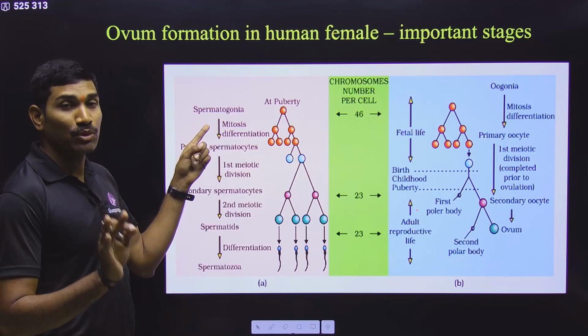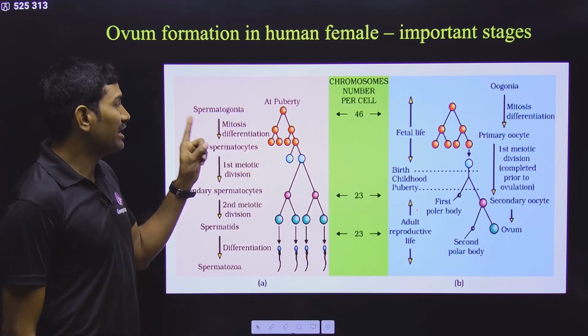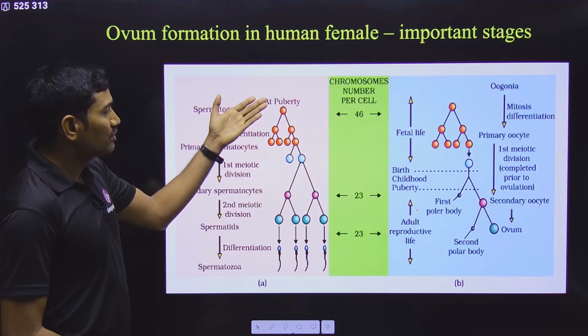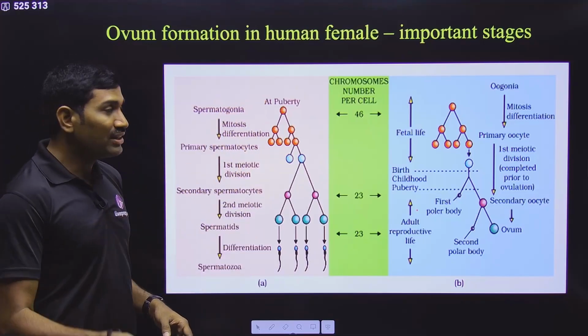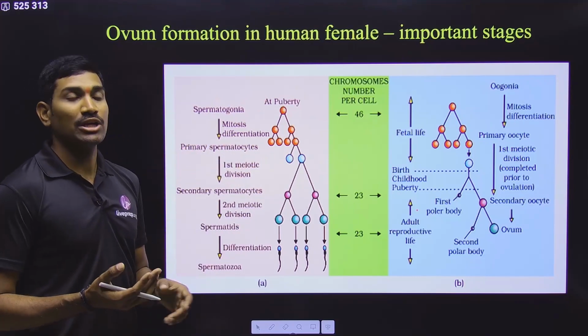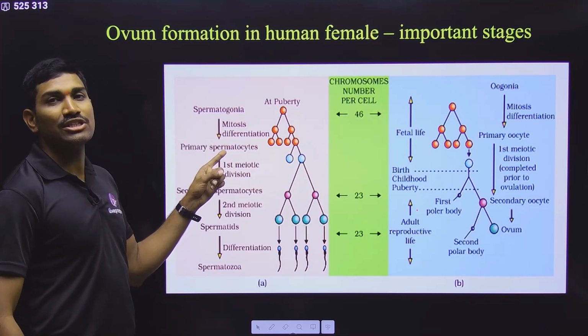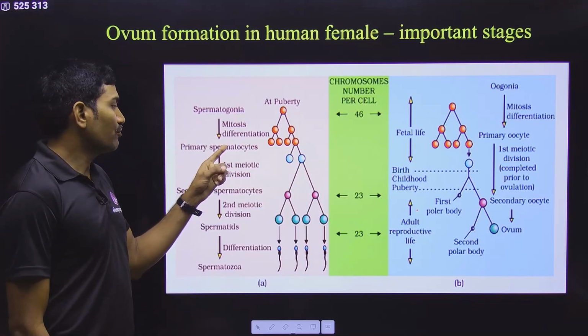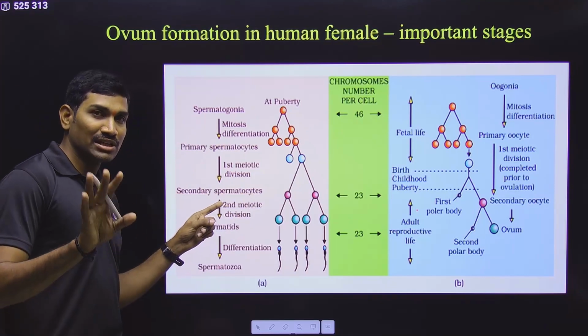Spermatogonia are diploid cells, and they divide by mitosis, not meiosis. By mitosis they undergo division so that several cells are produced, and some of them undergo differentiation to develop into primary spermatocytes, which are also diploid cells. Now these cells start undergoing meiosis. The first meiotic division occurs, so that haploid secondary spermatocytes are produced.